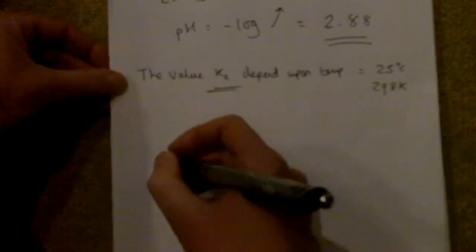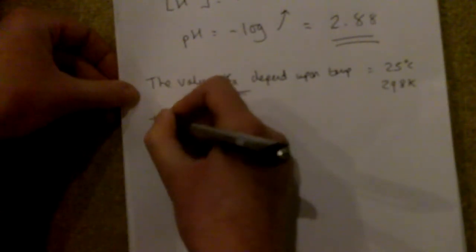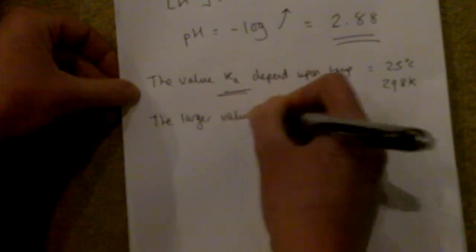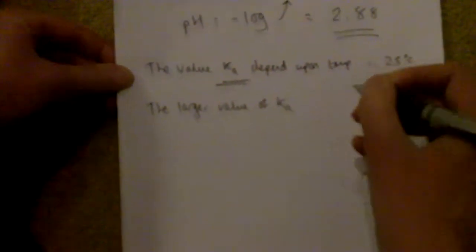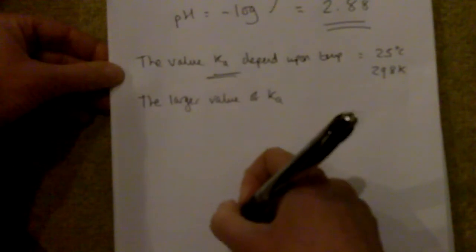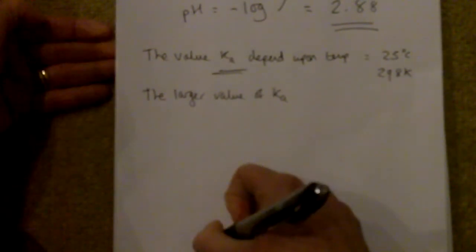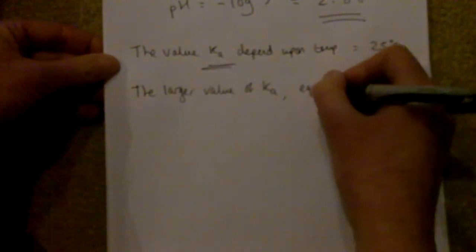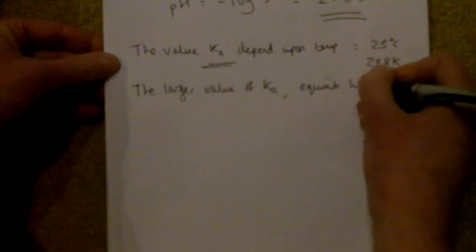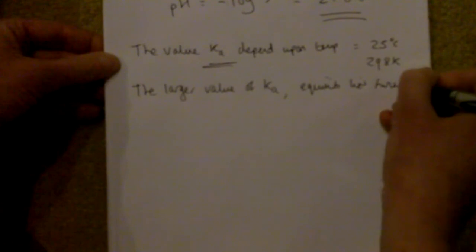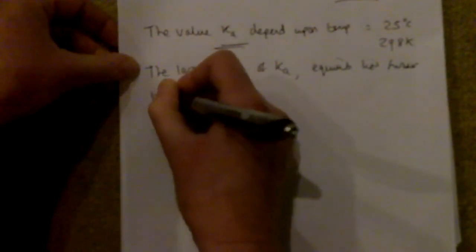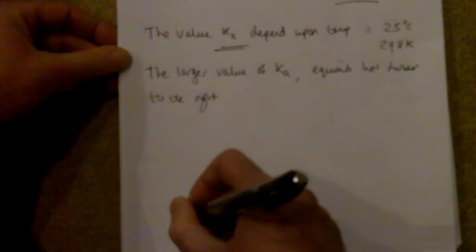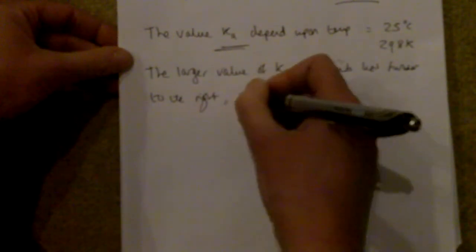If you think about it as well, the larger the value of Ka, what does that tell you about the strength of the acid? The larger the value of Ka, the larger the value of Kc, that would tell you that the equilibrium lies further to the right, and therefore there's more dissociation.